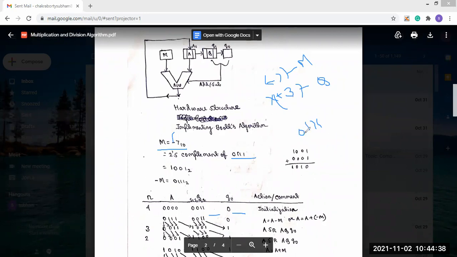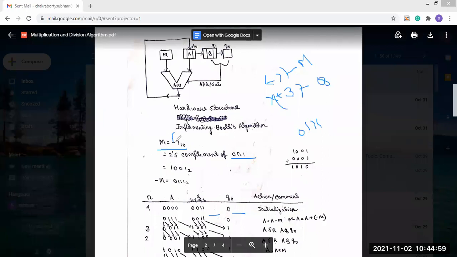Now here I have given 0. Why? Because of the 2's complement of minus 7. If a minus value is given, we have to perform the 2's complement of that number's positive value.